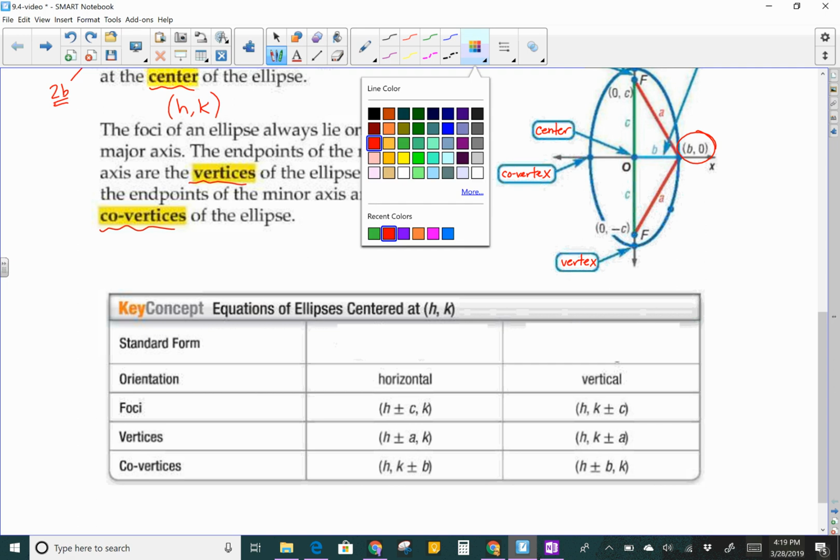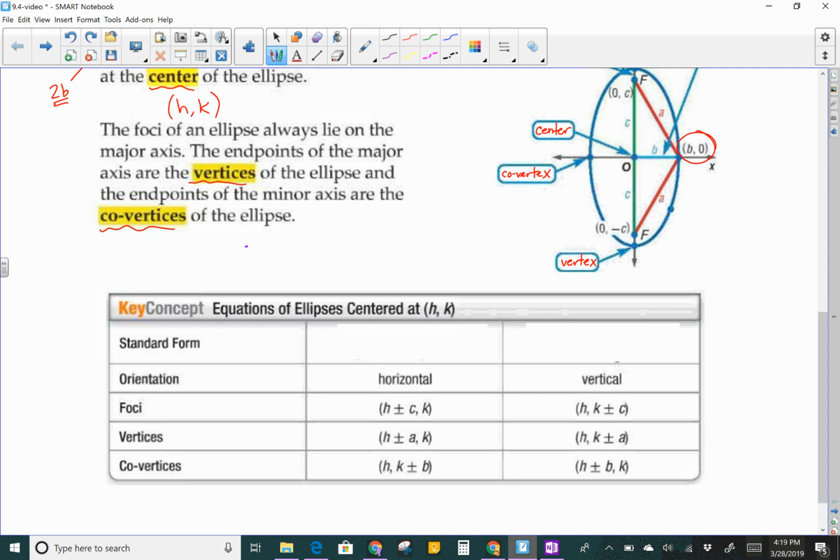Okay, now there are two important things that you need to remember about ellipse. One is this equation of A, B, and C. So B is the distance from the center to a co-vertex.